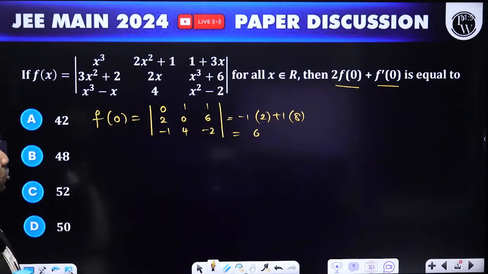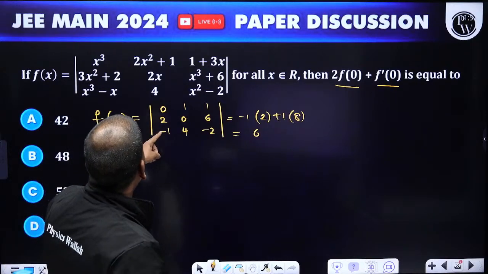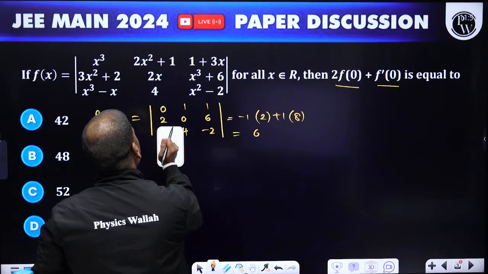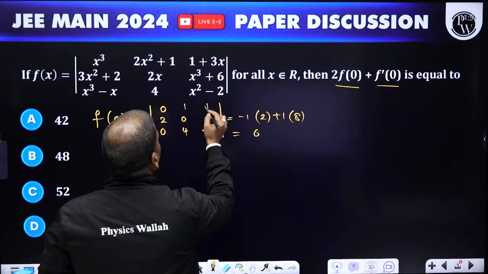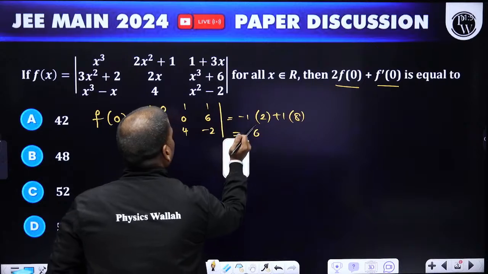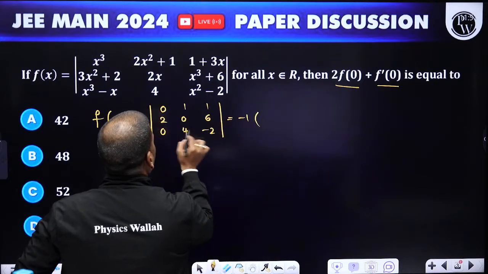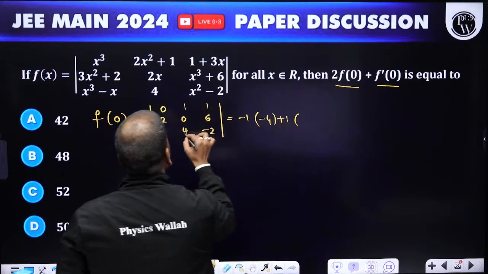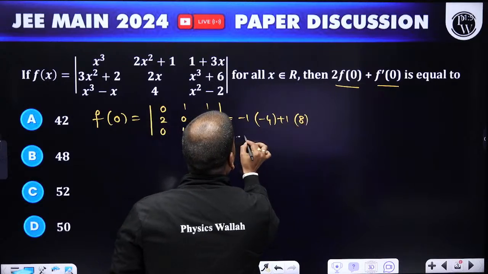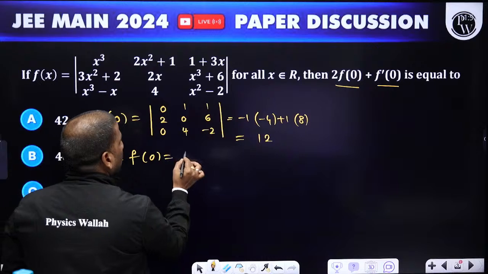Right? So that is a 2 times of f of 0. 0, 2, acha, this is also 0. 1, 0, 4, 1, 6, minus 2. So then correct it, minus 1 times minus 4 plus 1, what do you get? 8. So 8 plus 4, 12. 2 times f of 0 is 24.